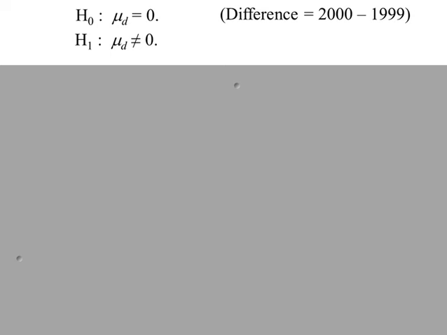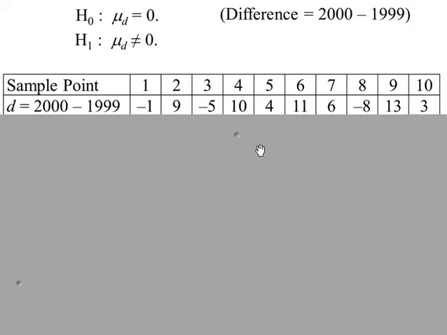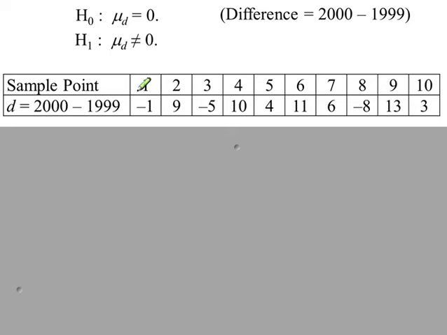So H0 and H1. It's a two-tailed test, so the order of subtraction doesn't make any difference. So we work out the differences, and the population of differences is assumed to be normally distributed.